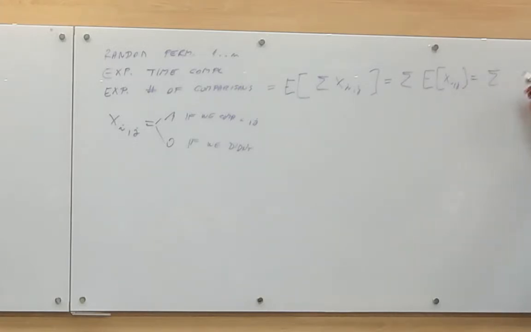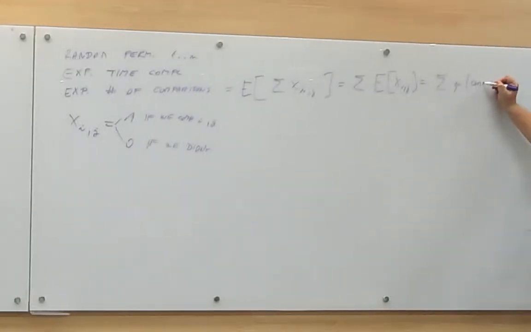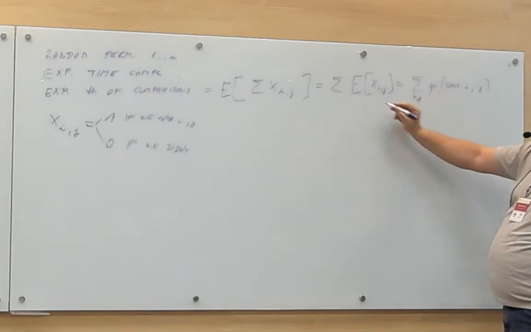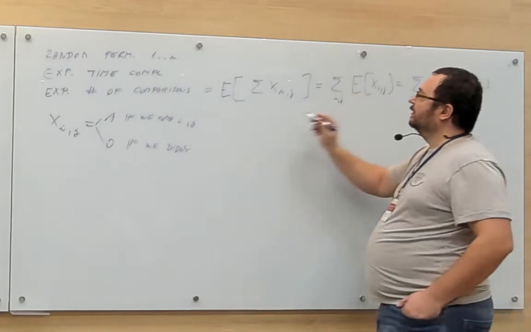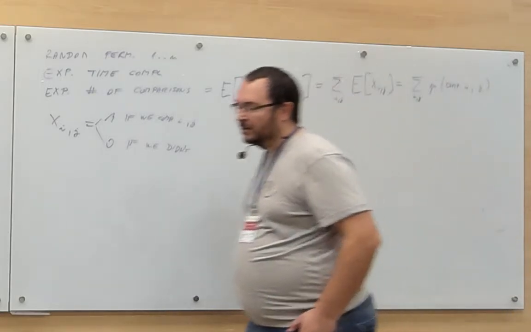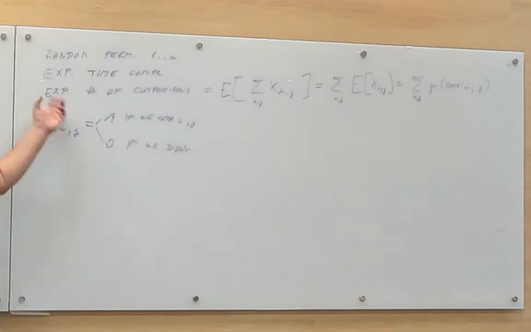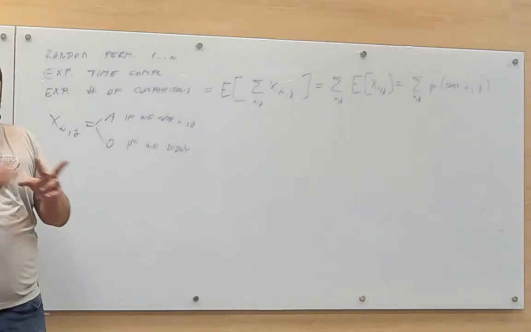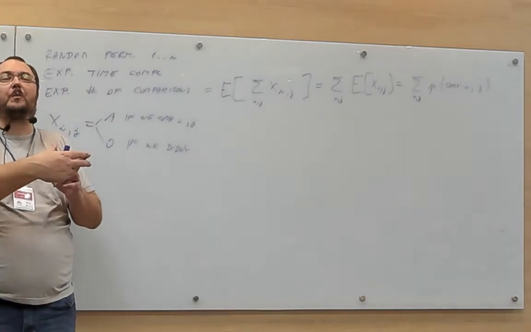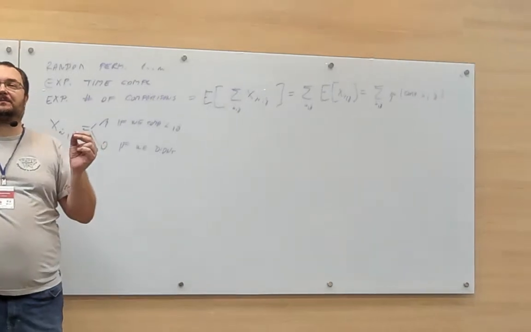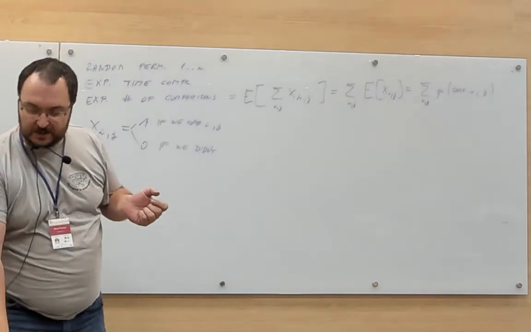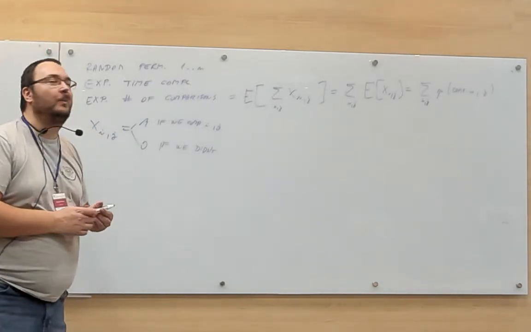And this is therefore the sum of the probabilities that we will compare the values i and j over all pairs of i and j. So the expected number of comparisons can be computed by looking at each pair of numbers, computing the probability that these two numbers will be compared to each other while building the tree, and then summing up all of those probabilities. This is what we are going to do now, and this will be the last thing we do before the break.